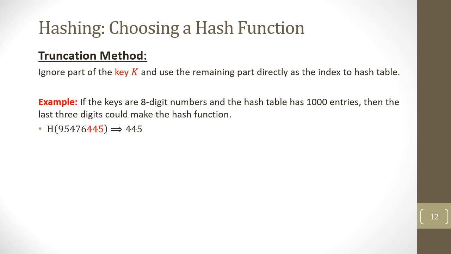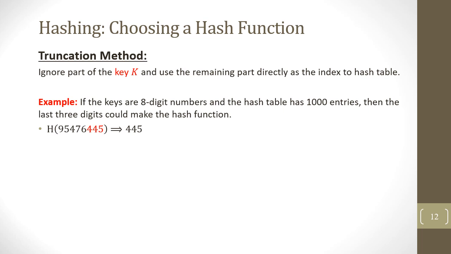The first method is the truncation method, in which we ignore part of the key and use the remaining part directly as the index to the hash table. For example, if we have 8-digit keys and the hash table has 1000 entries, then the last 3 digits can make the hash function.